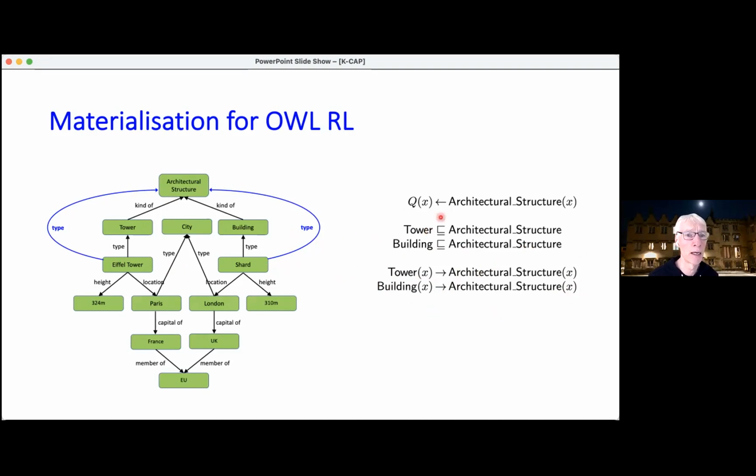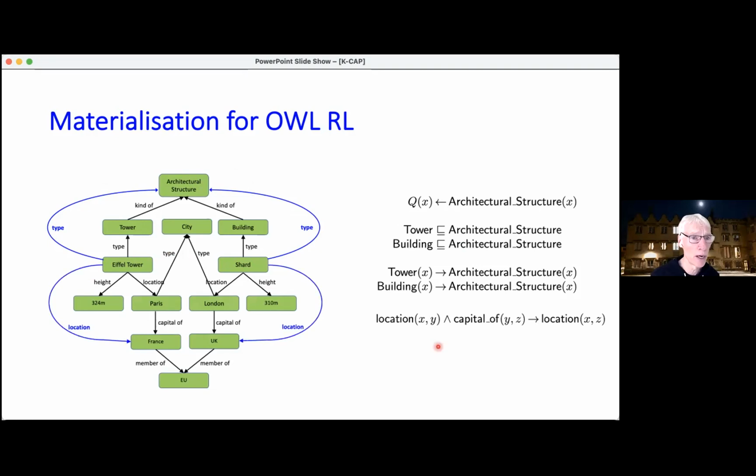Now I can answer this query for architectural structures directly over the graph without bothering to consider the ontology anymore. I do all my reasoning ahead of time as a pre-processing task, and then I just answer queries over the graph, and I get that the Eiffel Tower and the Shard are architectural structures. I can answer that directly because of these two new type edges I added to the graph.